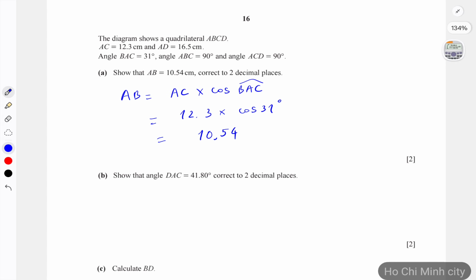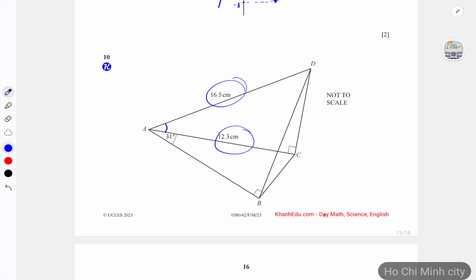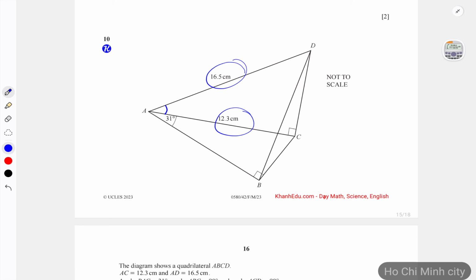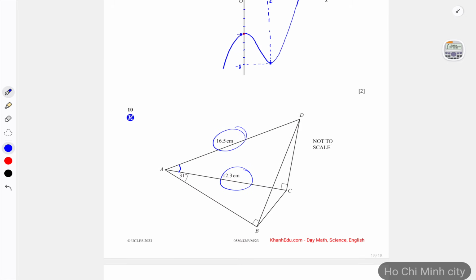The next one, show that the angle DAC is 41.80 degrees, correct to two decimal places. The angle DAC is this one. All right, so in this right angle triangle ACD, we also know the hypotenuse and this side. So we can use the cosine. The cosine of angle DAC is going to be AC divided by AD.